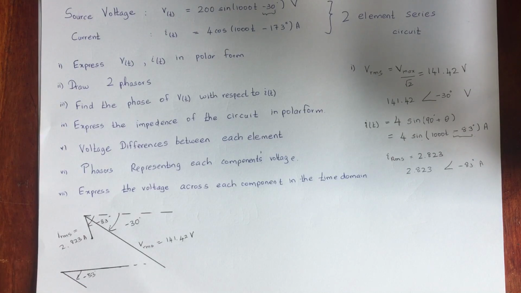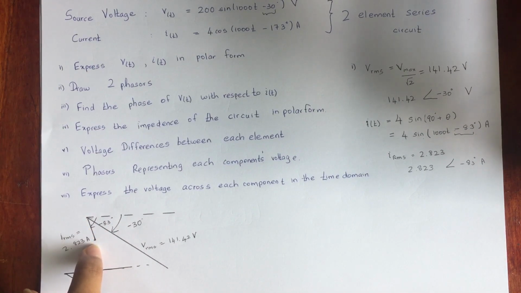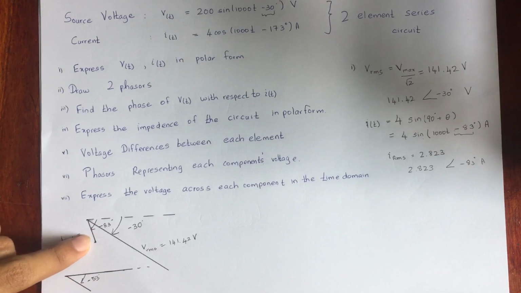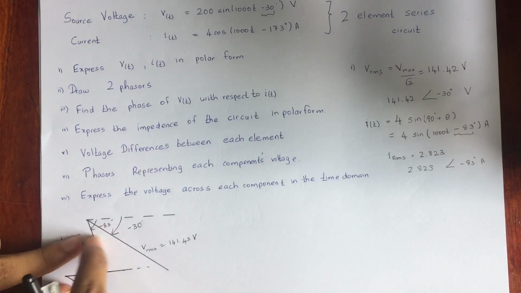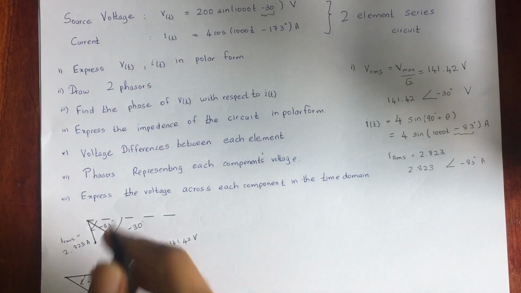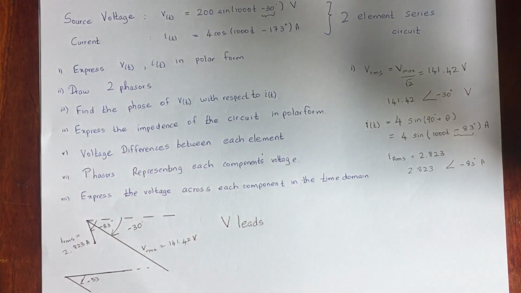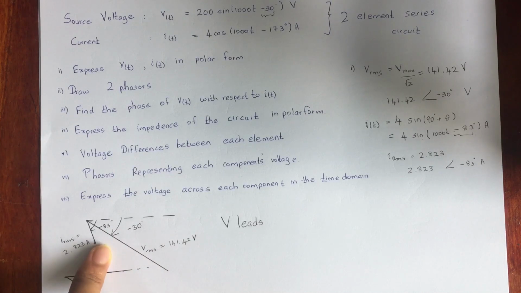So the next part is find the phase of voltage with respect to current. So they are asking about the phase of this voltage line with respect to current. When we are considering the voltage with respect to this current, we need to consider from this part. The voltage is going to lead this current. So you need to write it like this: V leads. It's not proper to say I lags this voltage by 53, because we are going to take from this part.